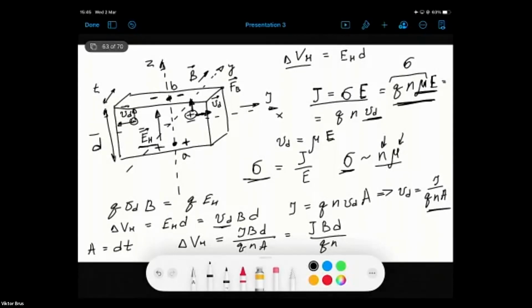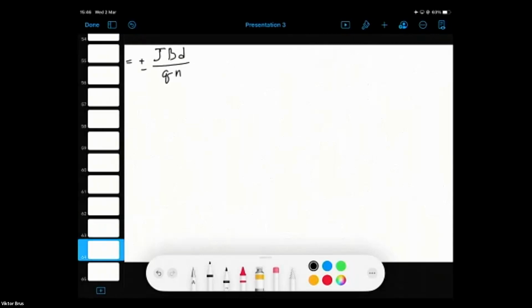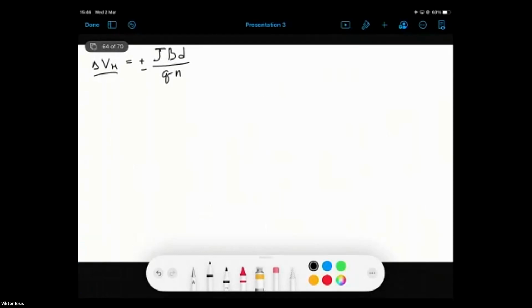So positive charge next to point B and negative charge next to point A. So by checking the polarity of Hall voltage, already provides us information on the dominant charge carrier in this conductor, which is already very important information. So we know it's either electrons or holes. However, it's not only thing what we can learn.